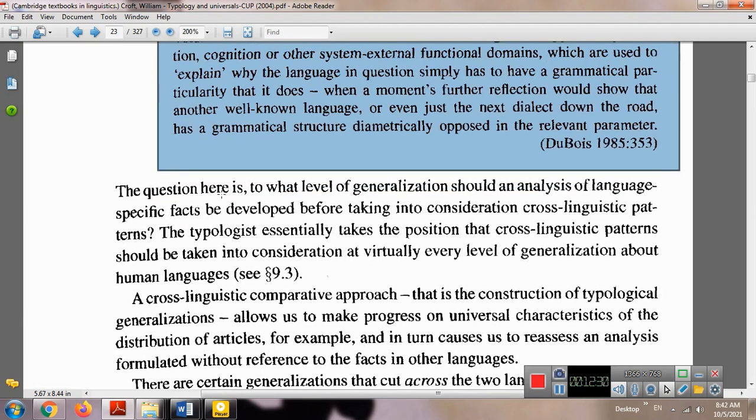The question here is, to what level of generalization should an analysis of language-specific facts be developed before taking into consideration cross-linguistic patterns?